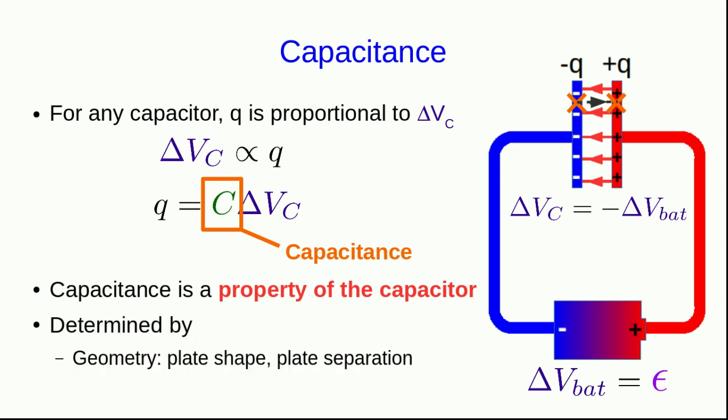And it's determined by geometry, the shape of the plates or the conductors that the capacitor is made of, how far they are from each other, how they're oriented with respect to each other, and so on. And it's also determined by what the material is between the plates, which is what we've seen as the dielectric.